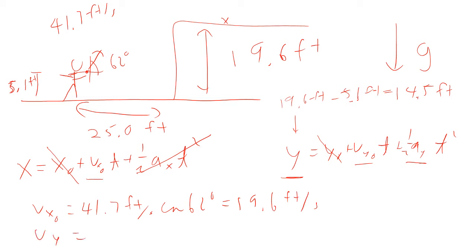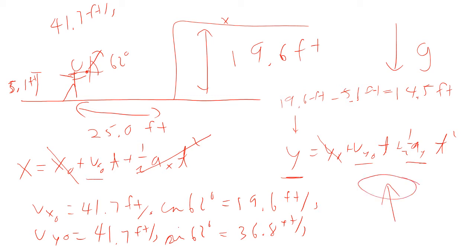Vy naught is going to be equal to 41.7 feet per second sine 62 degrees, and that is going to be 36.8 feet per second. Okay, so we got everything, and we realize we know everything in this equation to the right. We can solve for t, plug in over here, and that will tell us the x distance where it hits. And then we can use the velocity equation to find the direction and speed.